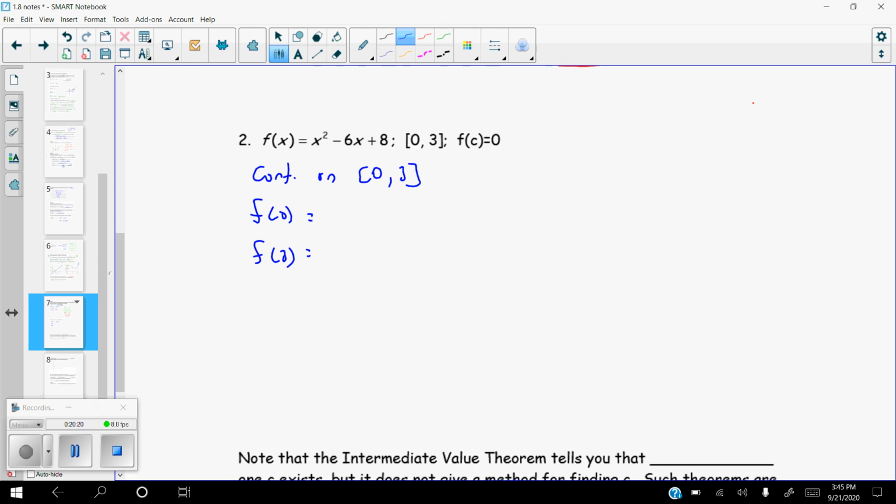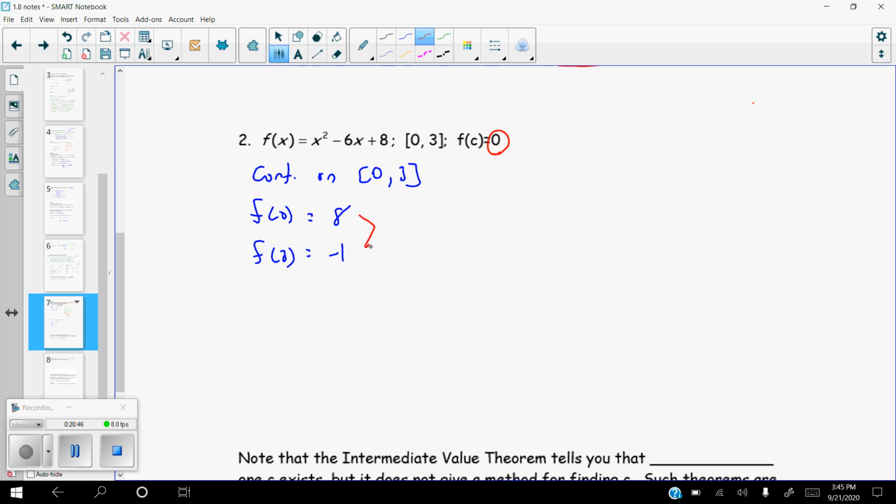So if I plug 0 in, I get 8. If we plug 3 in, that's going to be 3 squared is 9 minus 18, which is going to be negative 9, plus 8 is negative 1. So f of 0 and f of 3 are clearly not the same. So we can use the intermediate value theorem. It will apply as long as this is in between these two, and it is.